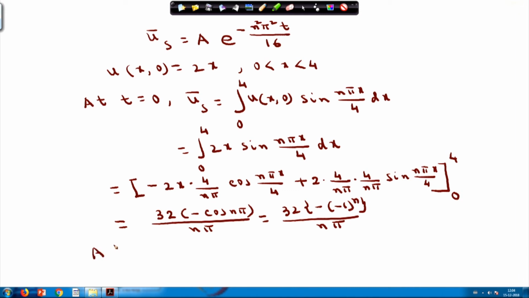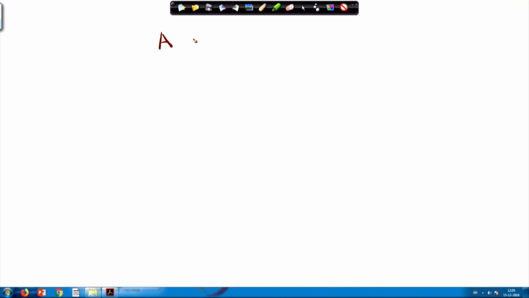Also, at t equals 0, your u bar s is equal to a, because t is 0 and the exponential term will not be there. Using these two, I can write that a equals 32 into minus 1 to the power n plus 1 divided by n pi.